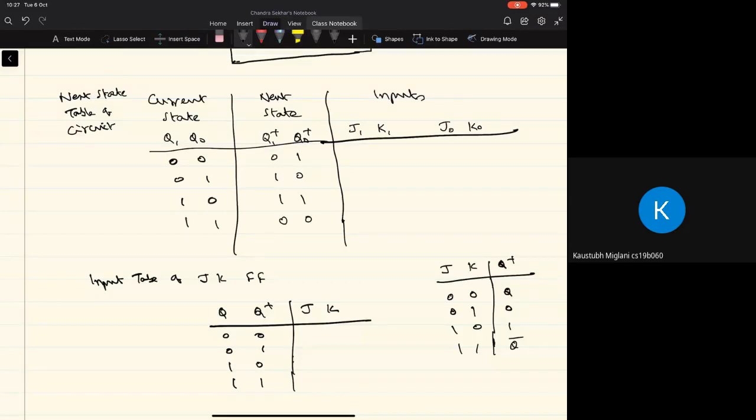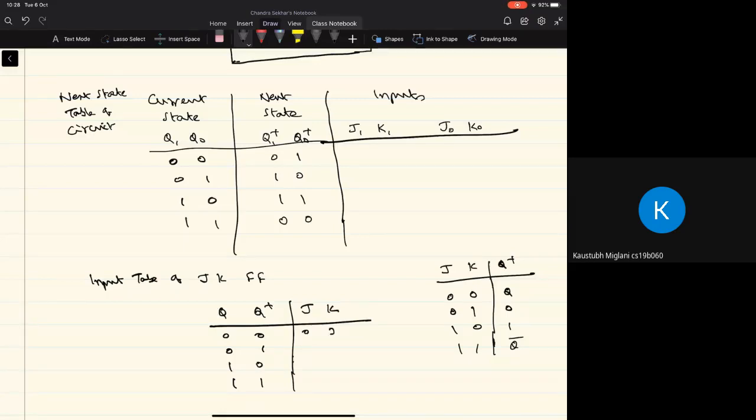Another case where I'll get Q plus 0 is when Q is 0 and JK is 0, 0. So now we see that Q is 0, and JK being 0, 0 will guarantee that Q plus will be 0. Or I can give 0, 1 as the input, and in that case also, Q plus will be guaranteed to be 0. So what does this say? J input has to be 0 and K can be either 0 or 1.